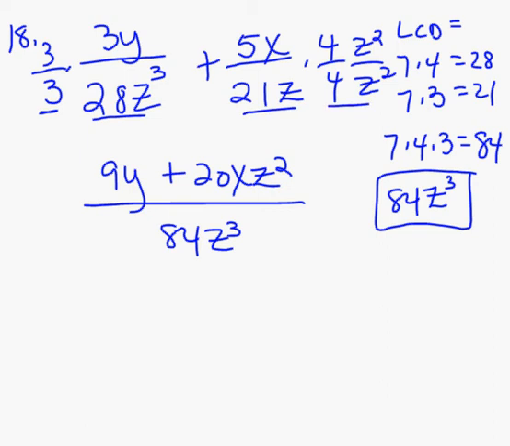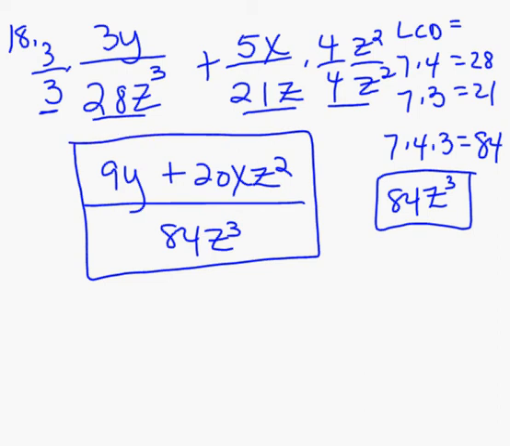So now, again, I just want to double check whether or not I have anything in common that I can factor out and cancel, and there isn't anything because there is a 3 in both 9 and 84, but not in 20. There is a 4 in both 20 and 84, but not in 9, so that is my final answer. Nothing else can be done to further reduce or simplify that.